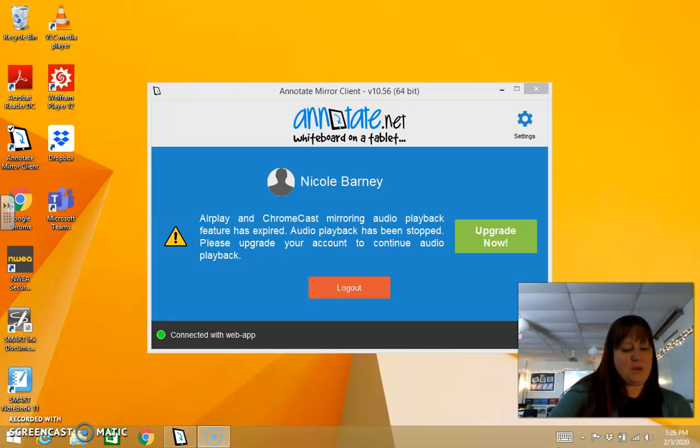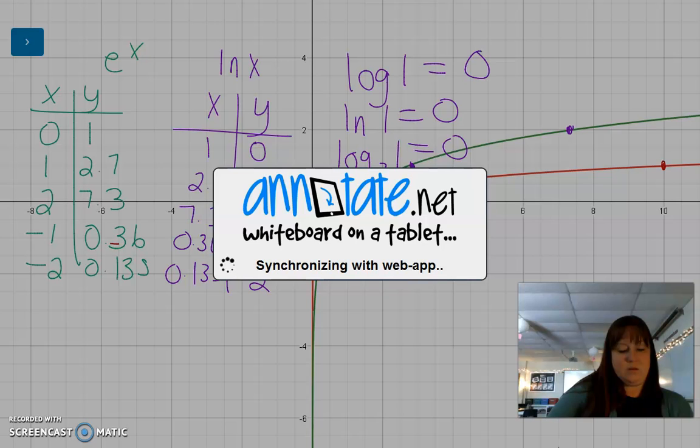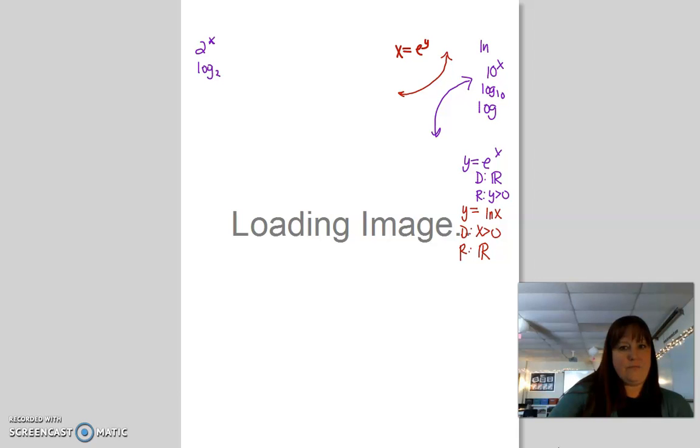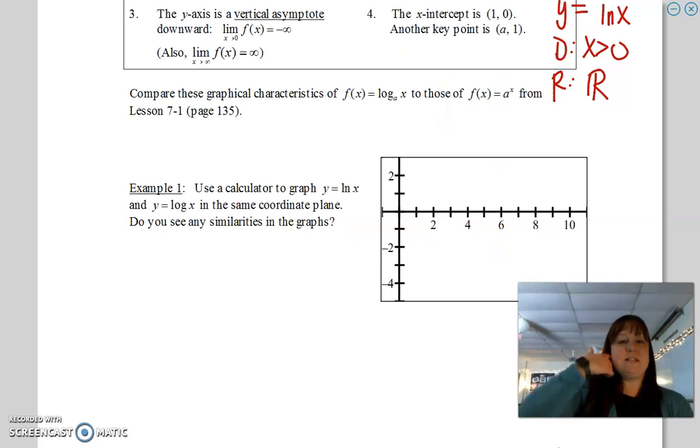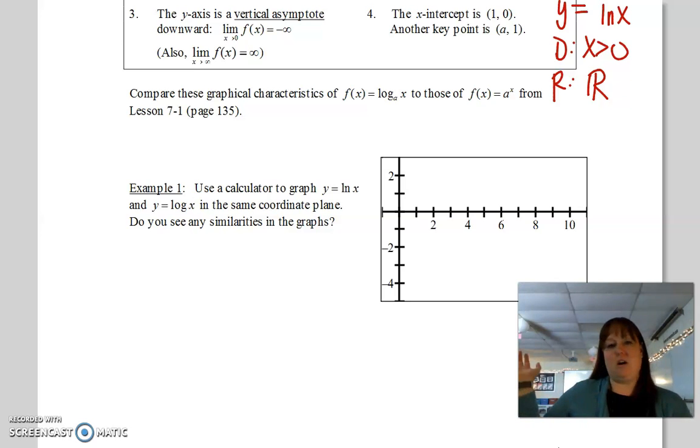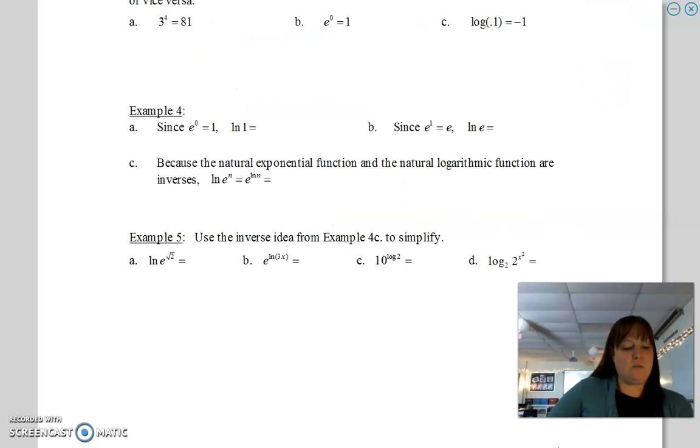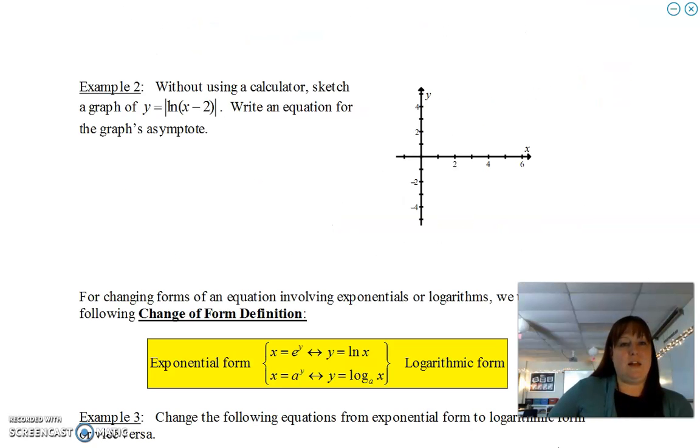Pull them back up here. Okay, so we have those graphs, and similarities, remember, we're going to have that same point. We're going to have that point (1, 0) on all of our log graphs. Okay? So without a calculator, can we sketch the graph of the absolute value of ln of x minus 2, all of that?